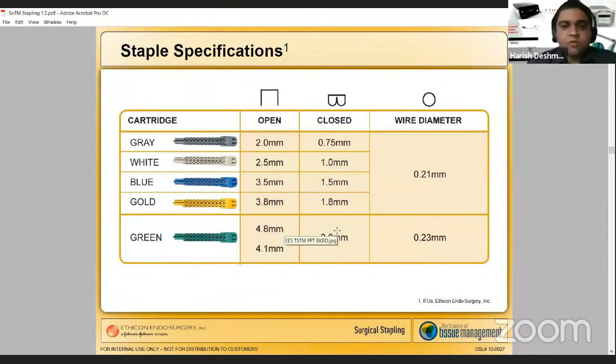To put it in layman's language, thicker tissues, green; thinner tissues, blue. If it is intermediate, because you'll be seeing patients with CA who are radiated, their tissue thickness may vary. So you can use an intermediate tissue thickness as well, which is gold.